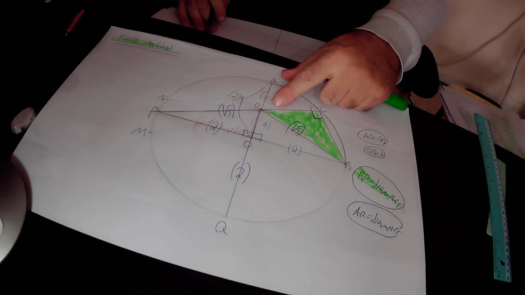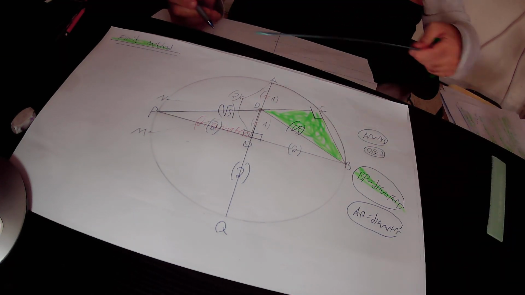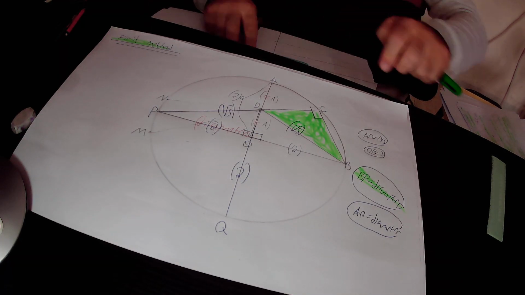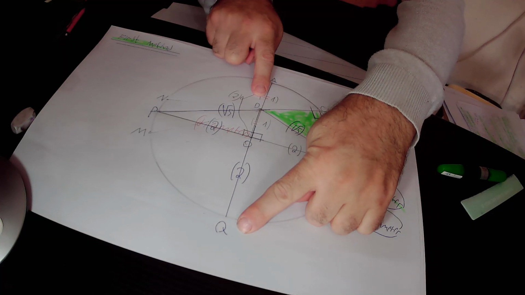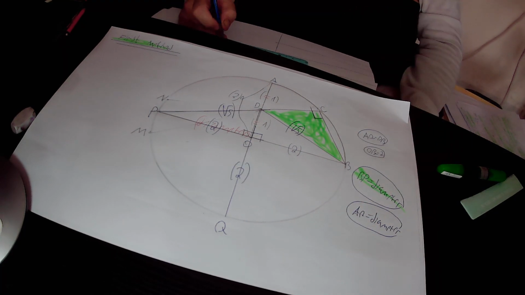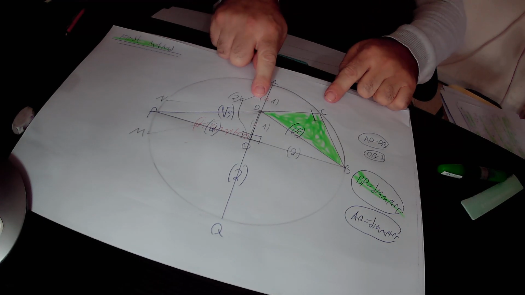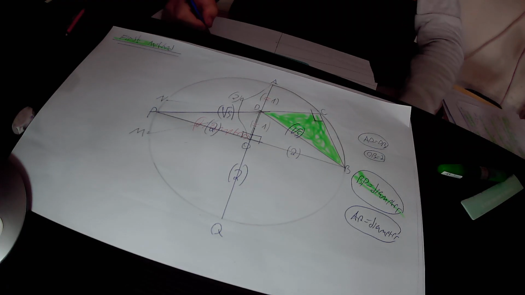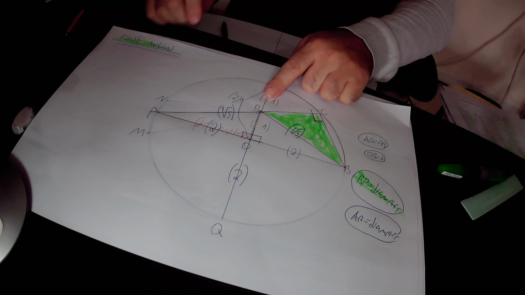AD is 1, times DQ. DQ in total equals 1 plus 2, that is 3. And it equals CD, the missing side, so leave it as it is, times DP. DP is equal to the square root of 5 units in length.